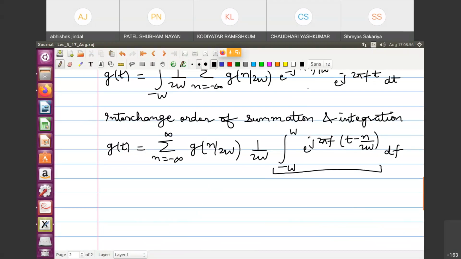If anyone gets an answer, just unmute and tell me what you get. Remember that this is an integration with respect to f, not t.